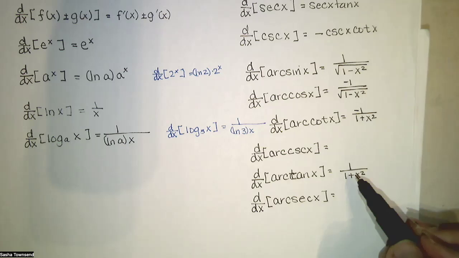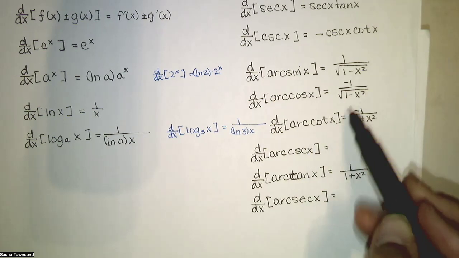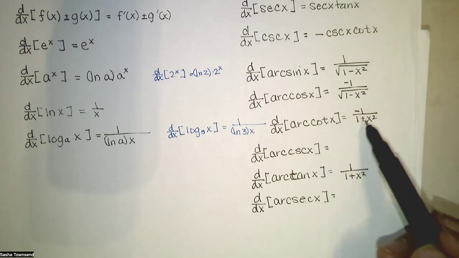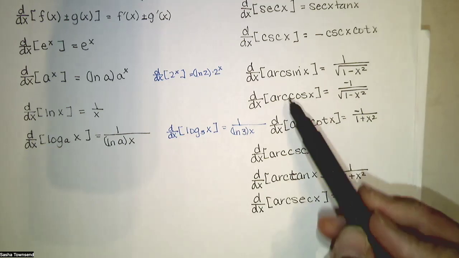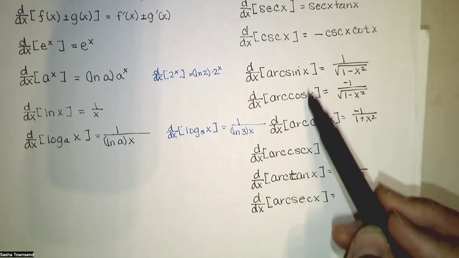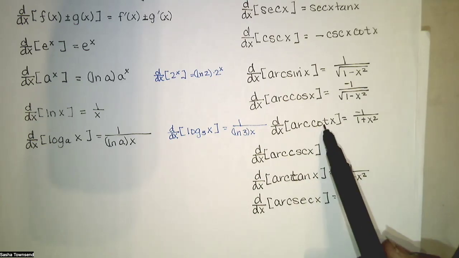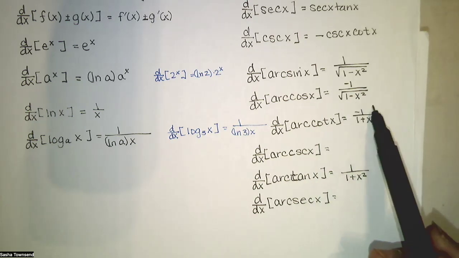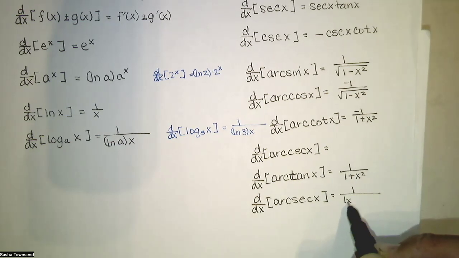So those two functions go together, and the ones with the CO in front have the negative in the derivative formula. The arcsine and arccosine look the same, but the arccosine is negative. Arctangent and arccotangent look the same, except the arccotangent is negative. And then arcsecant looks like this.